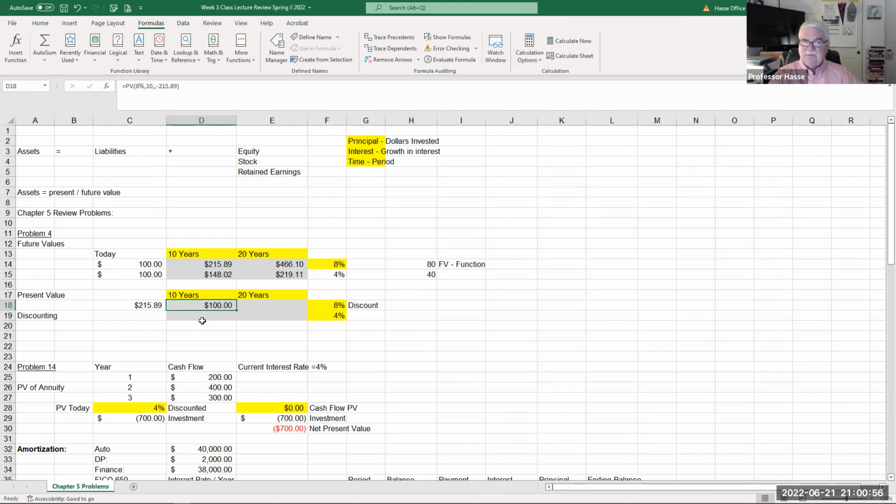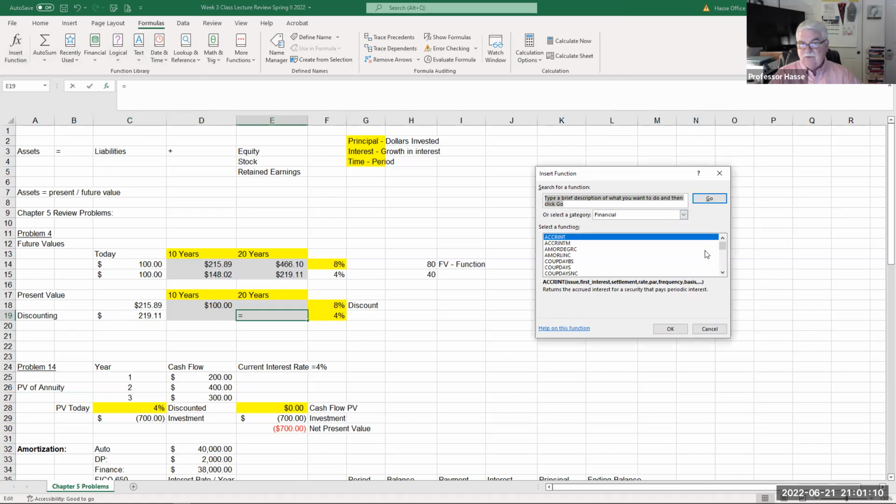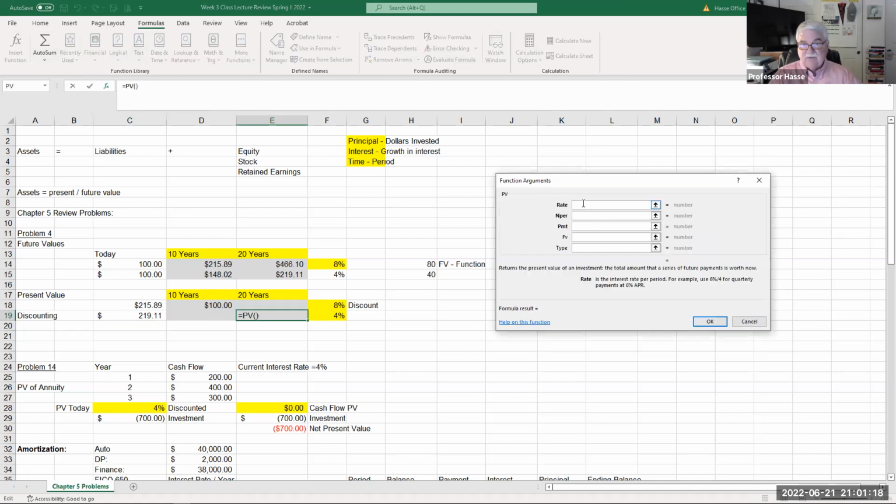Let's do it one more time for 4% for 20 years. Again, the amount is $219.11. So let's just try that. Formula, function, financial, present value. Now it's 4% as the rate, and that's now called the discount rate.